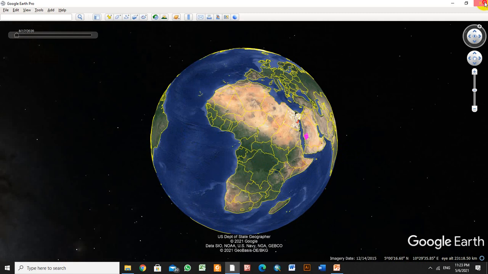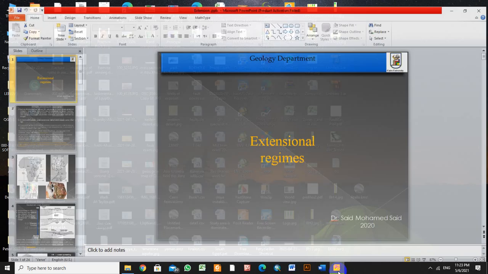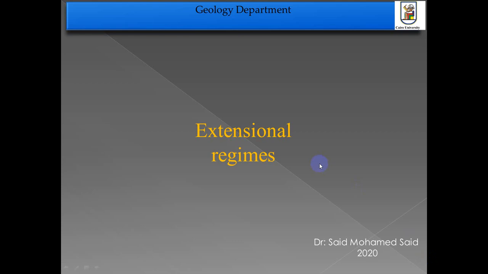Okay, that's what we have to discuss in this course. So the first lecture is the extensional regime. Extensional regime means we apply extensional stress at a plate boundary due to divergence of two plates. Extension stresses will be distributed over two plates.